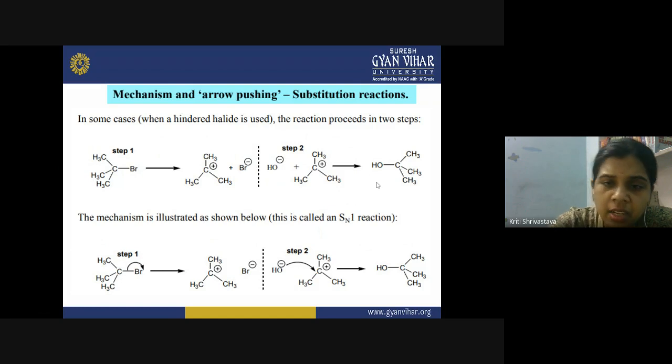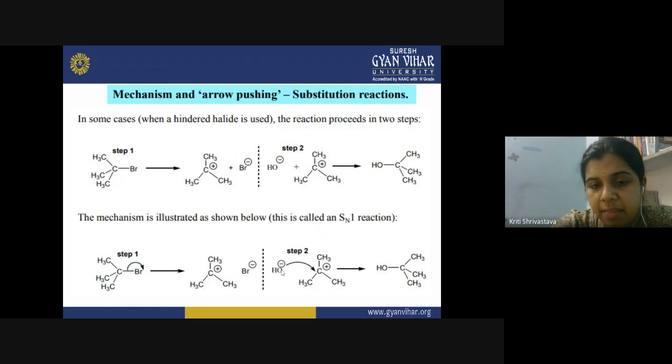So let us draw the mechanism again by using curved arrows, by putting the arrow pushings. First of all, in step one, the electronic movement is from this bond to the bromine, and the electrons get transferred over the bromine, as a result of which you get a tertiary butyl cation and a bromide anion.